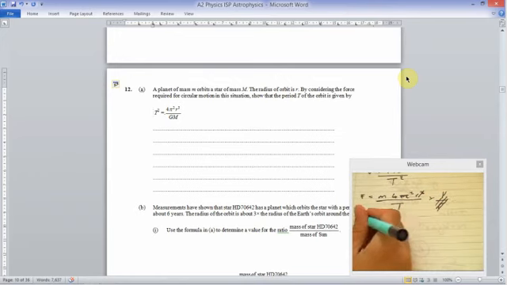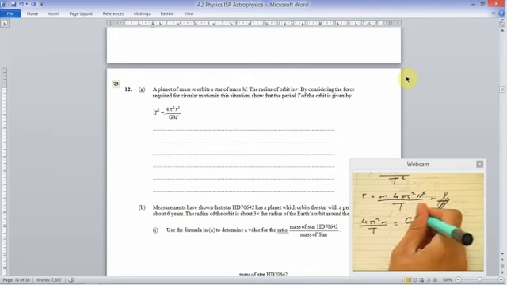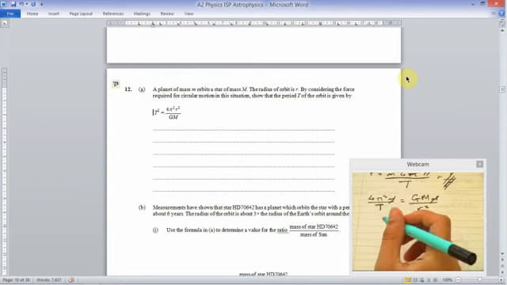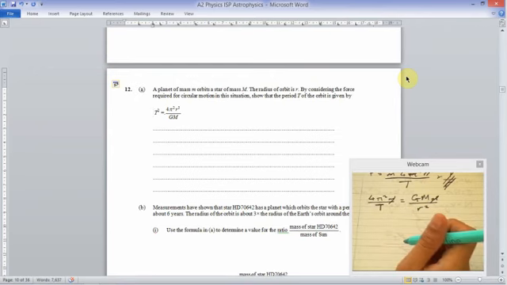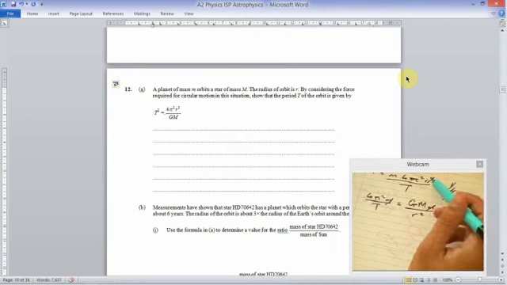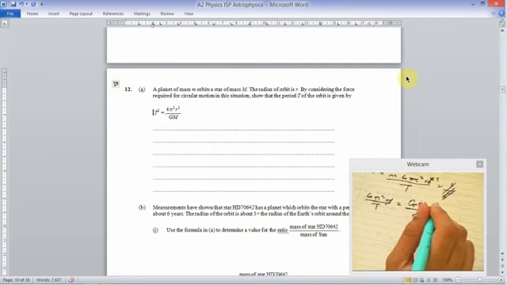So you end up with 4 pi squared m over t is equal to G big M little m over r squared. M's cancel. And then it's a straightforward rearrangement from there. I seem to have lost an R somewhere. Oh yes, that R should have ended up on top rather than cancelling.